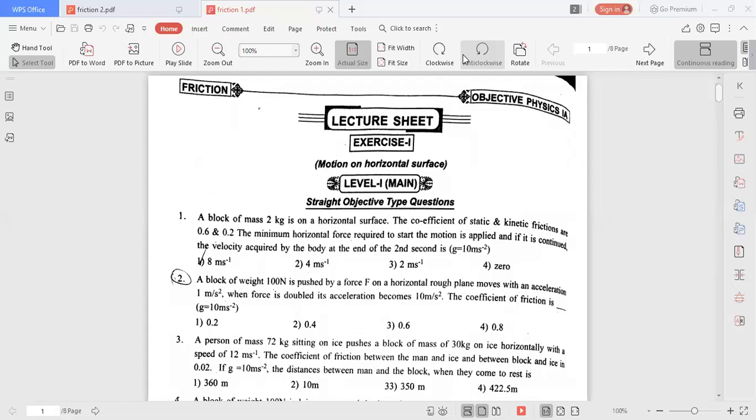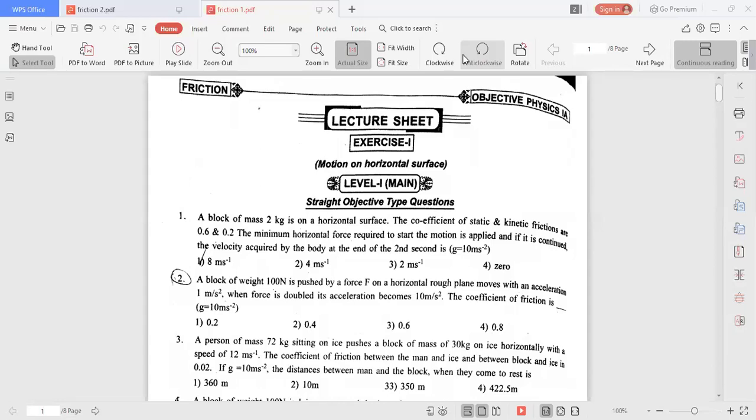Whenever the block does not start motion, how can it push the other block in the forward direction? In that case there is no contact force. Even though they are in contact, this block cannot push that block forward when the applied force is less than the friction.